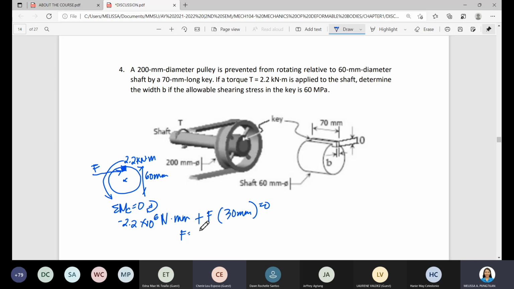F is equal to 73,333 Newton. So that's the value of our F.